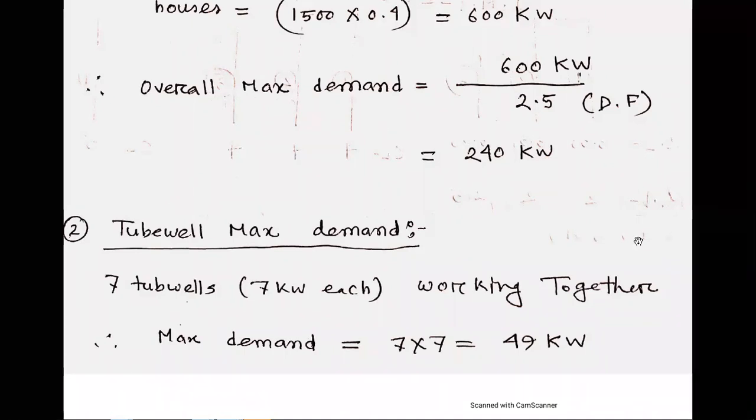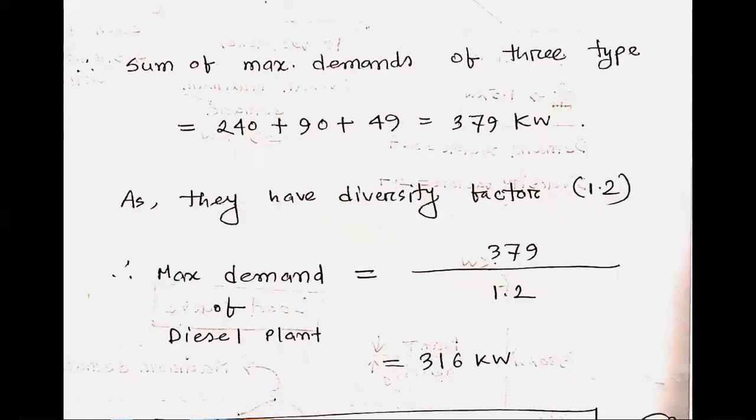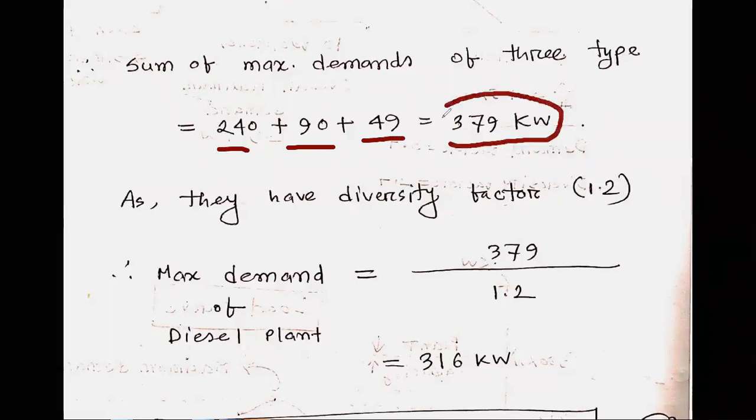So let's go back. So we get everyone's maximum demand. For the household that is 240, for the factory that is 90, and for the tubewell that is 49. So basically that is 379 kilowatt. But if they were using this power at the same time, the maximum demand of that power station would be 379.